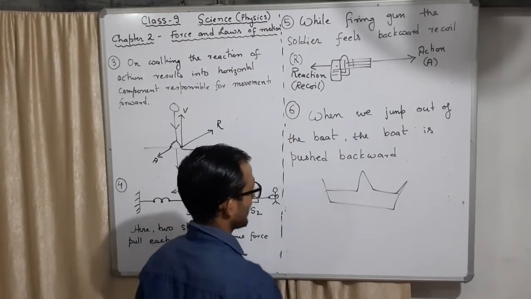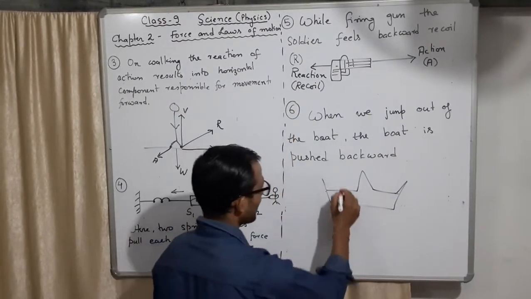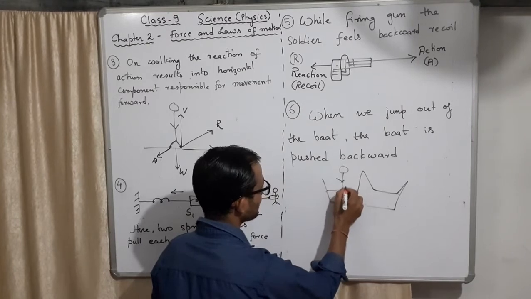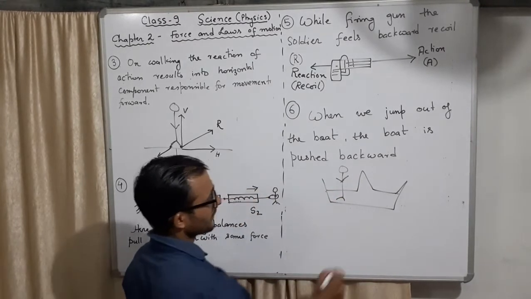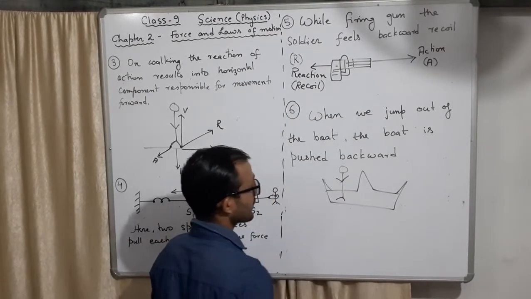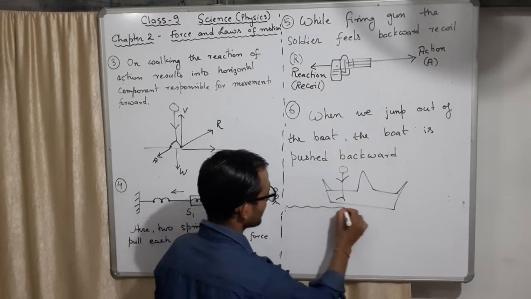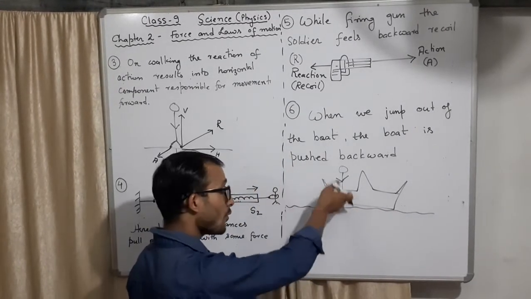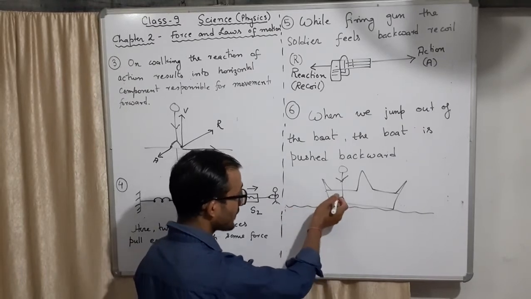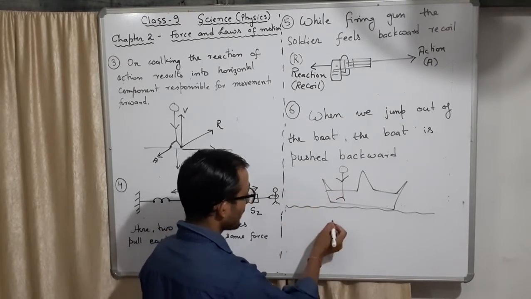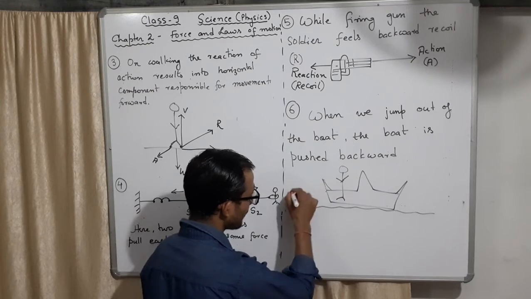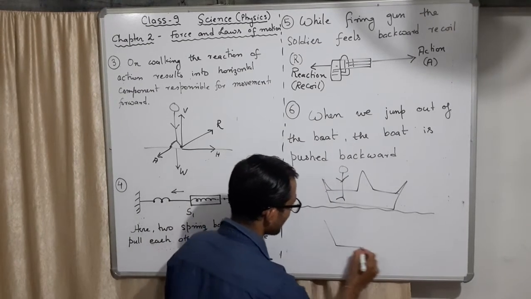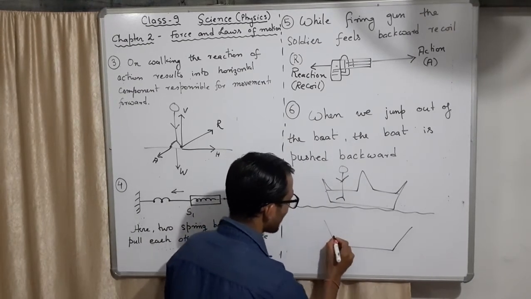Not a great diagram. Suppose this is the person inside the boat, going on the water. After some time he decides to jump out of the boat.